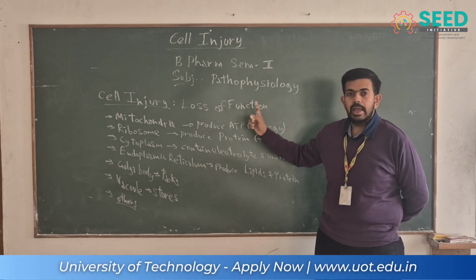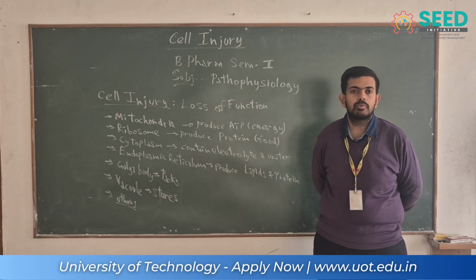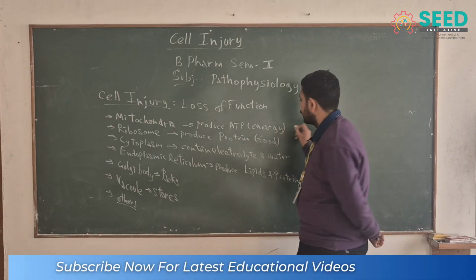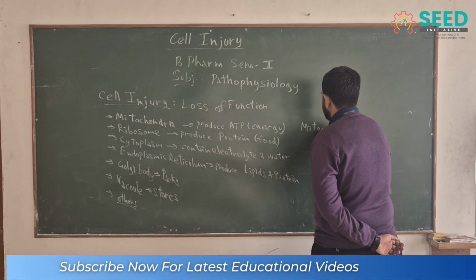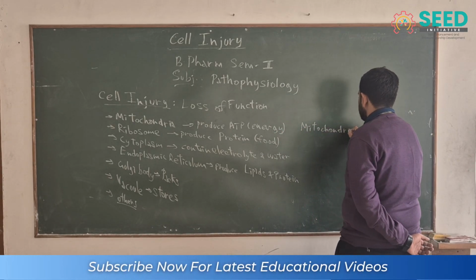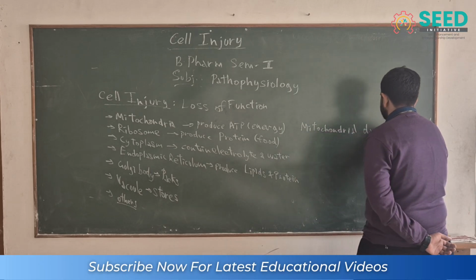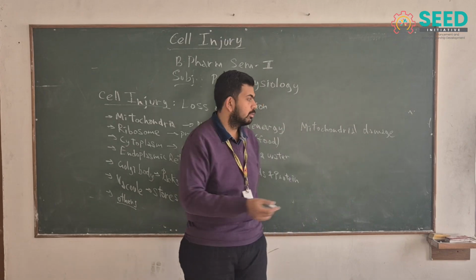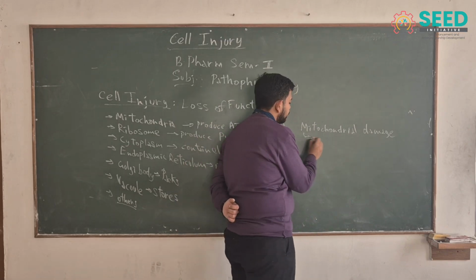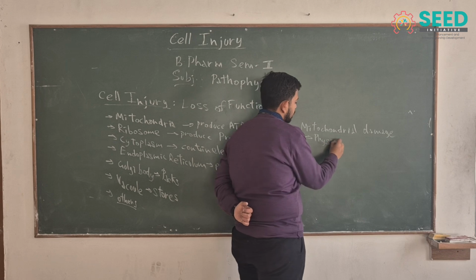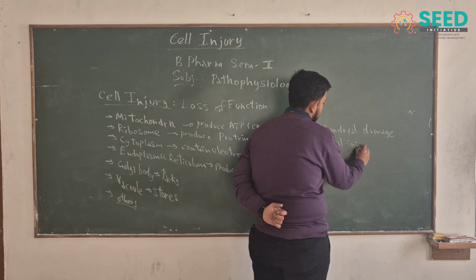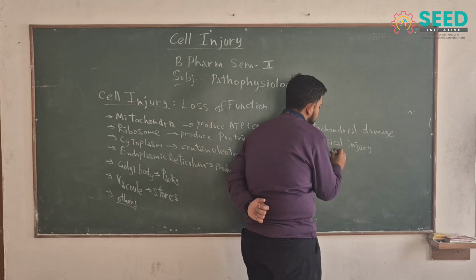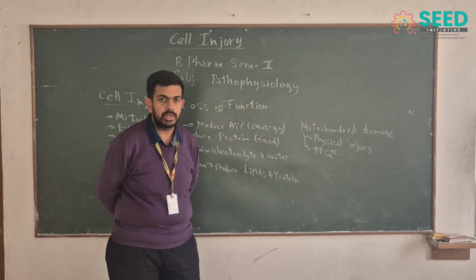During cell injury, any of these organelles can perform badly or the function is lost. Suppose there is mitochondrial damage. Mitochondrial damage can occur due to many things, like physical injury or calcium deposits in the cisternae.